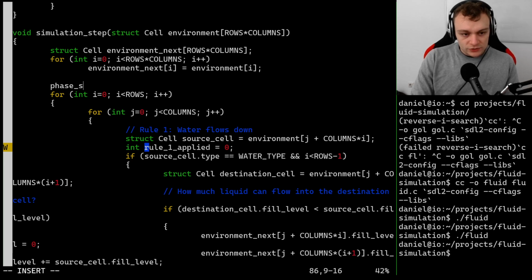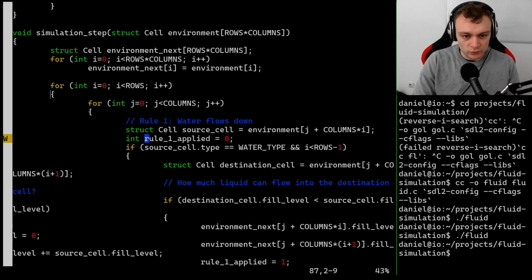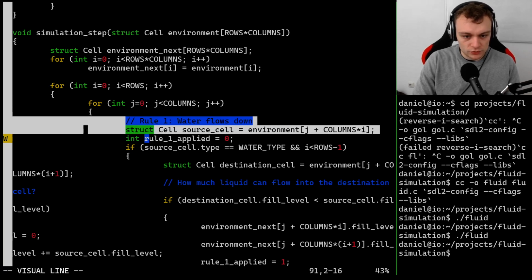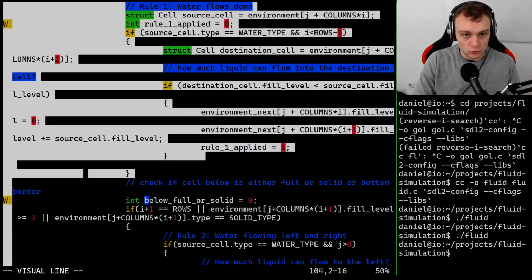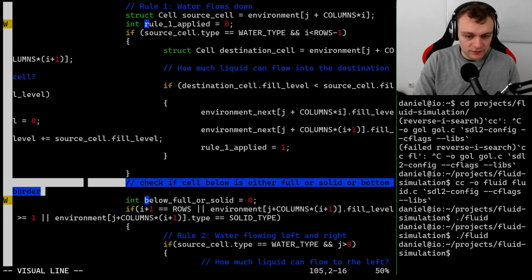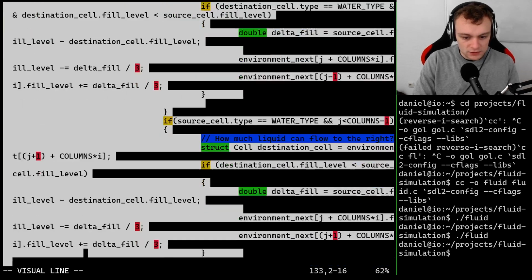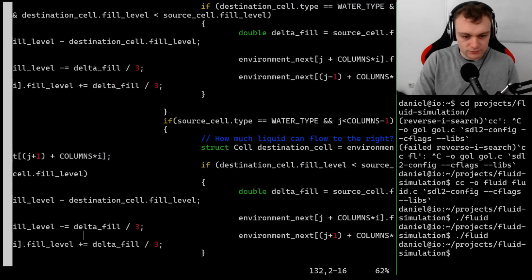I would say we could implement new subroutines here, but also actually it doesn't really matter. We can do it all in one method as well. So we're going to have the water flow down rule here, and then we can extract the... Ooh, that's a big piece of code there.